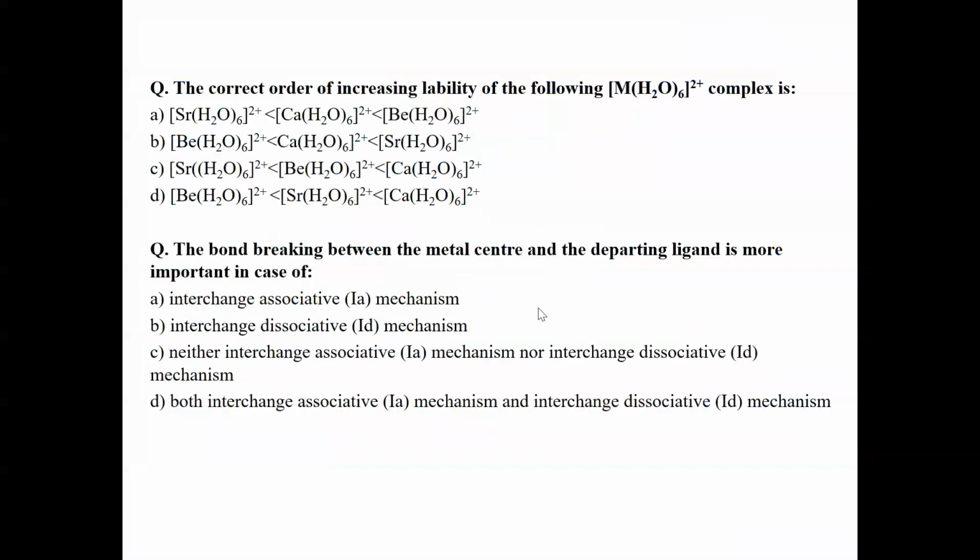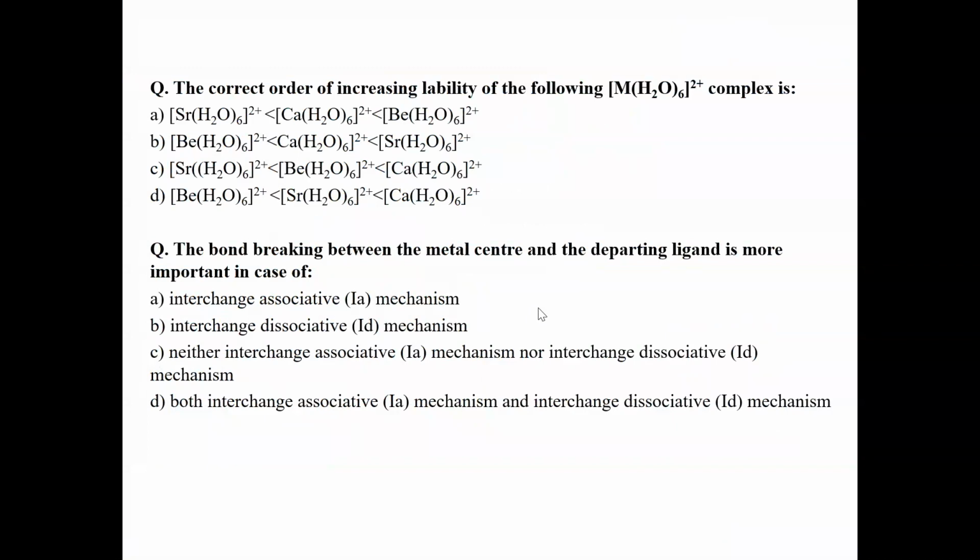The first two questions for this session: the first one is regarding the lability of the complexes. Basically, all the complexes are in the plus two oxidation state, and you have to identify which will be the correct order. Here the size of the metals you have to consider.